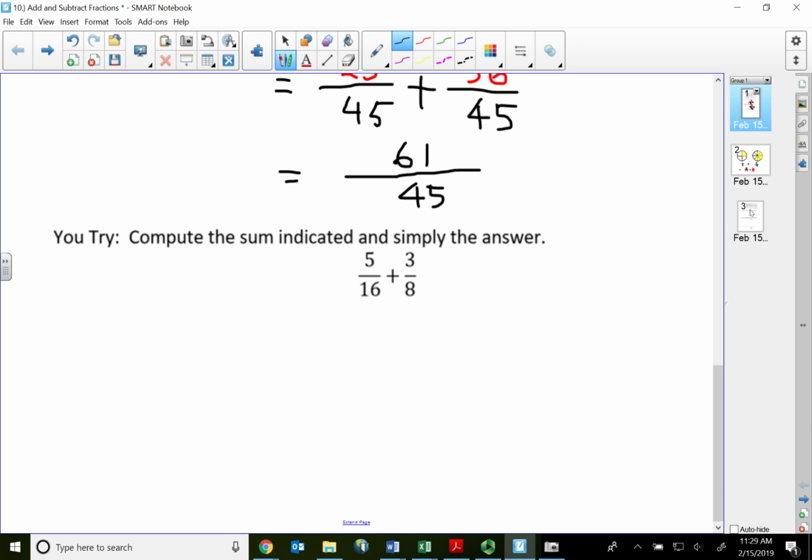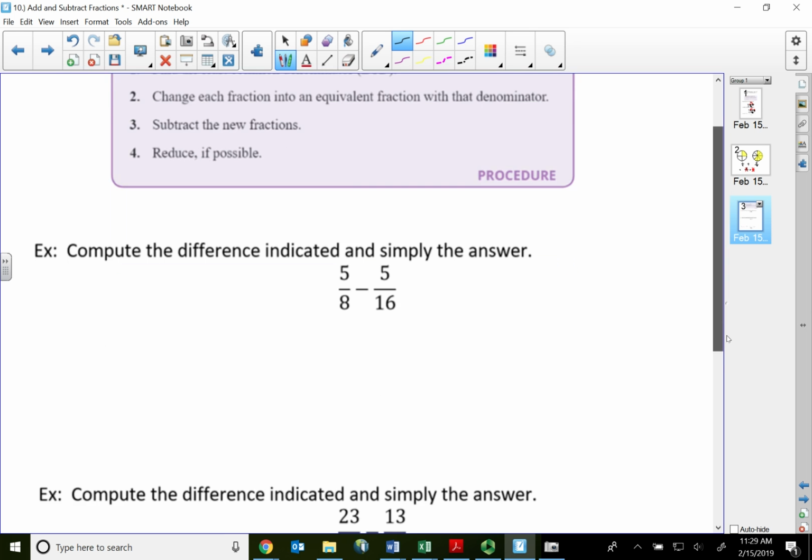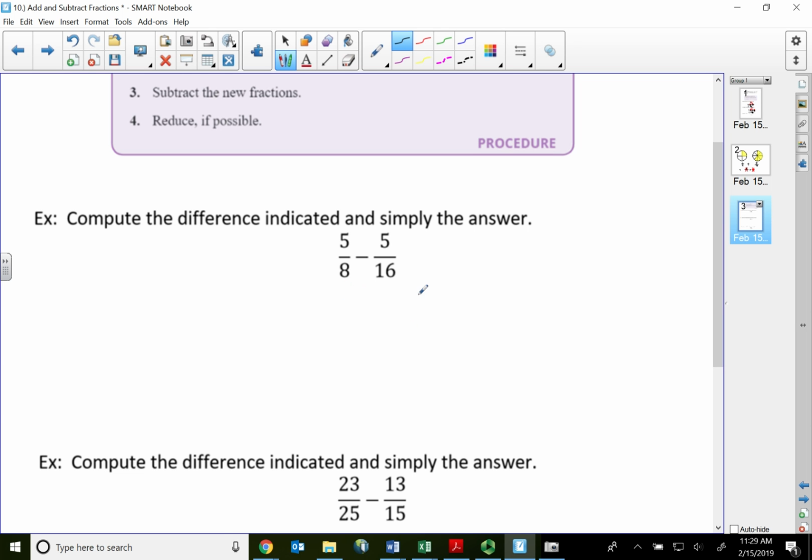Now let's take a look at subtracting fractions. Subtracting fractions is the same procedure as adding fractions, except once I find my equivalent fractions, then I'm going to subtract the numerators. So the least common denominator between 8 and 16 has got to be 16. Make sure my denominators are the same first.